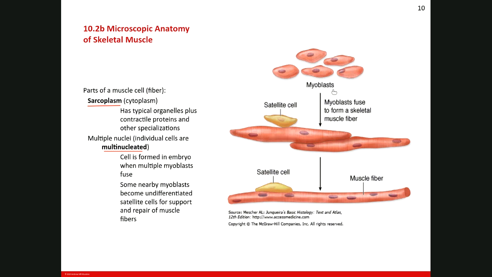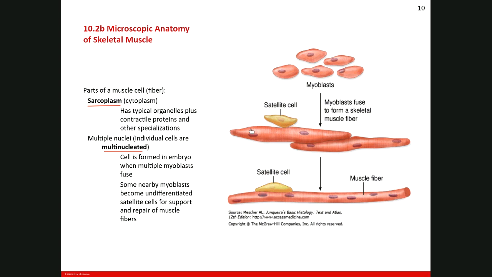These myoblasts fuse together and make an elongated cell. This elongated cell is one muscle fiber because it becomes long and thin. All of these nuclei are now located in one cell. So our skeletal muscles are multi-nucleated cells.